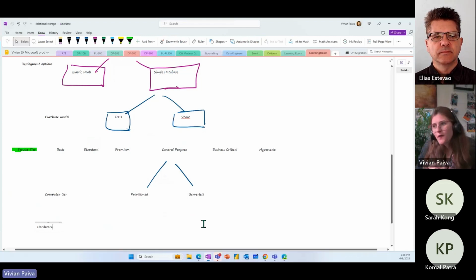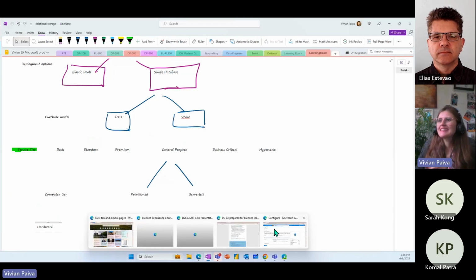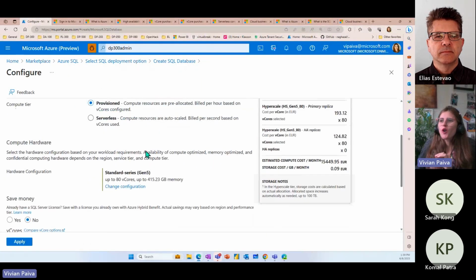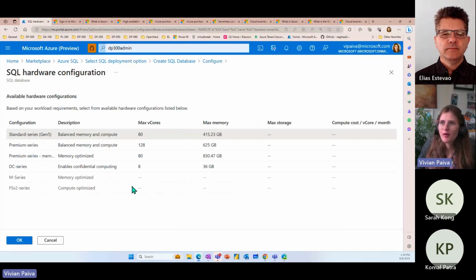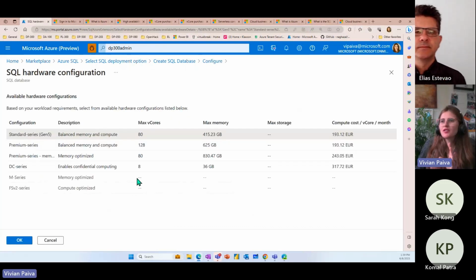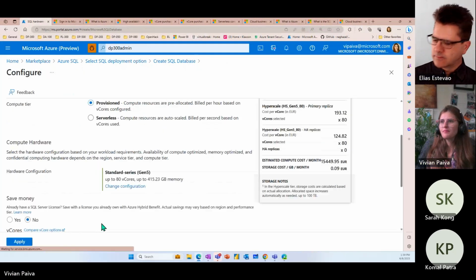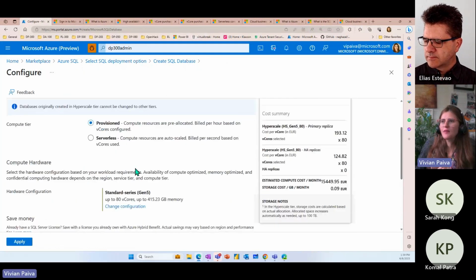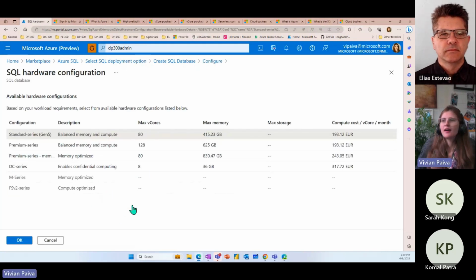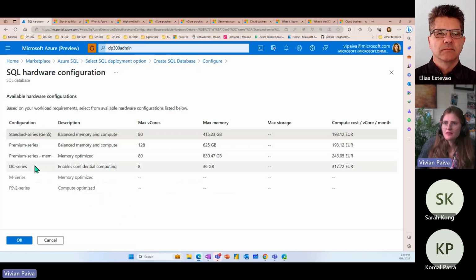Yes. The only thing here, again, is that not all of the service tiers are going to give us all of the options. So if we are choosing hyperscale, we can configure the hardware, and those are the options available, but it's not only the service tier.